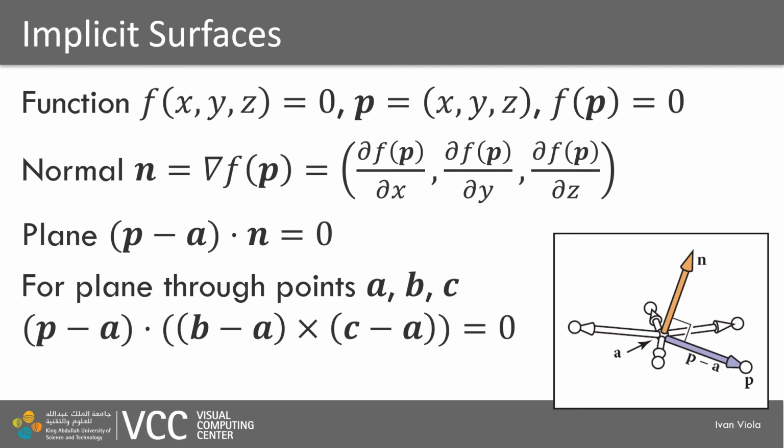And if they do, then they belong to a certain surface. As we described before, we use the gradient function to compute the normal of our particular implicit surface. We can see here that the computation of the normal is simply partial derivatives along the x, y, and z coordinates that form the respective coordinates of the normal.